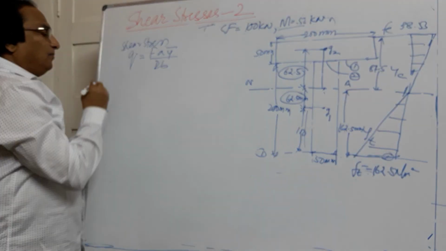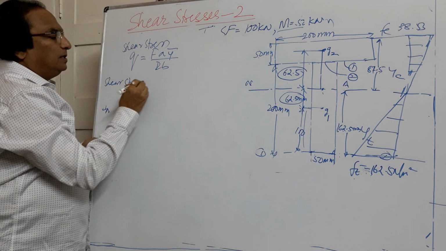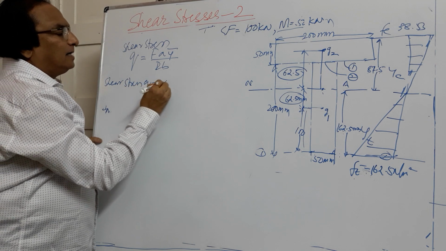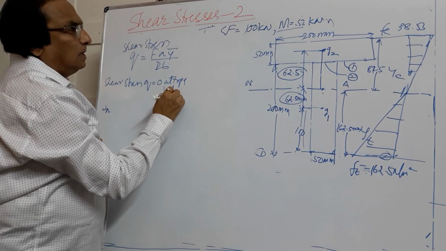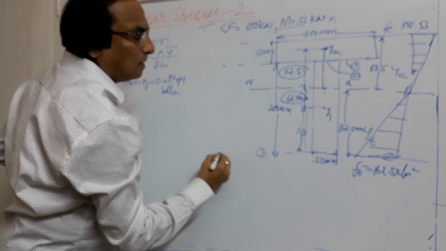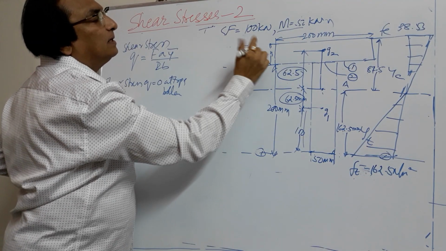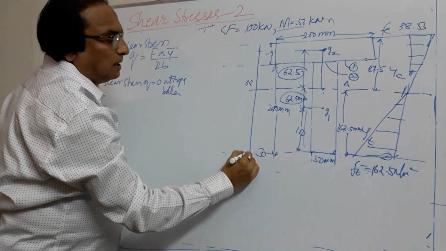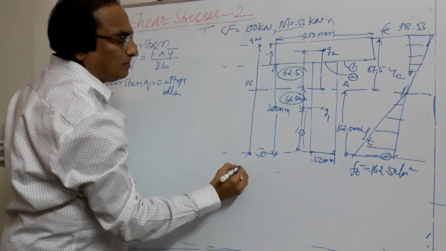Shear stress is 0 at the top and bottom. If I draw a shear stress diagram here, it is 0 at the top and bottom.